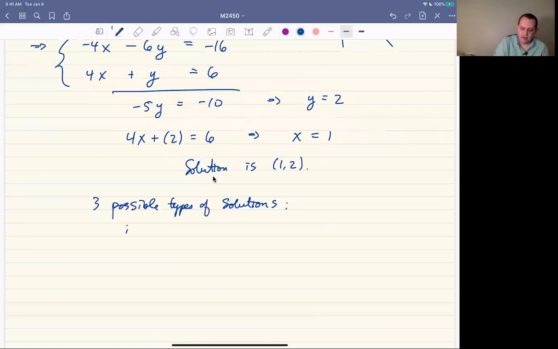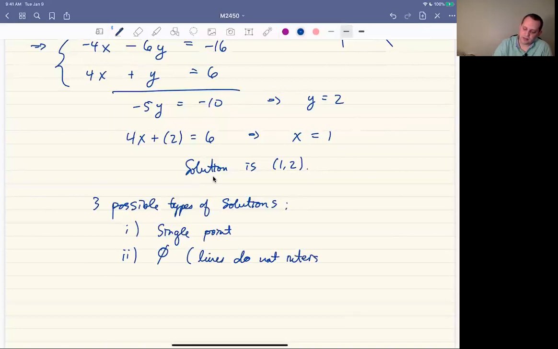And that's where we have a single point, like we had in our example. We have the empty set. There's no points of intersection. So this is what happens when the lines do not intersect.